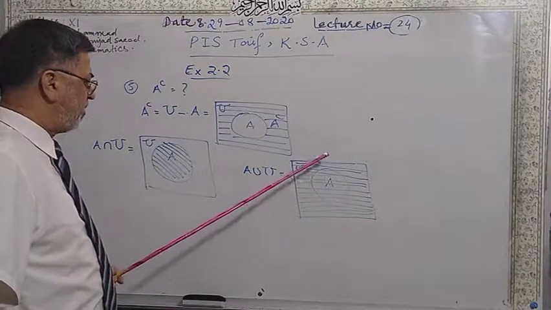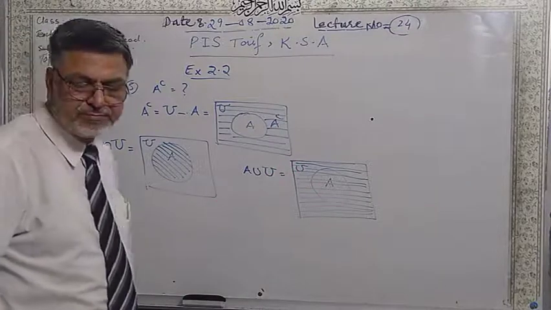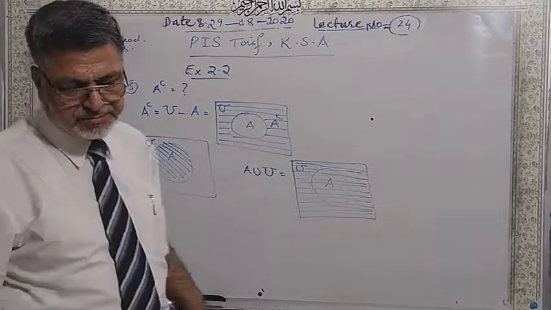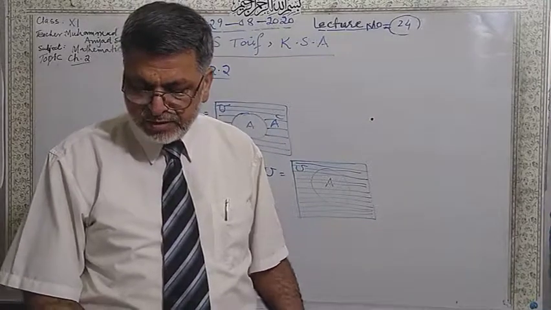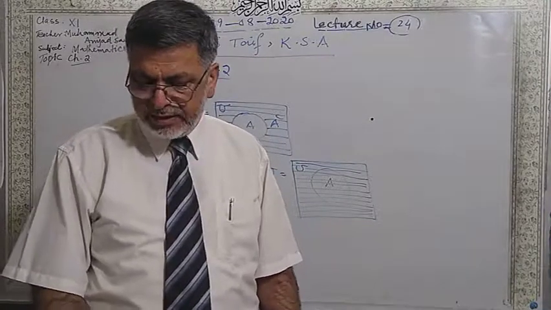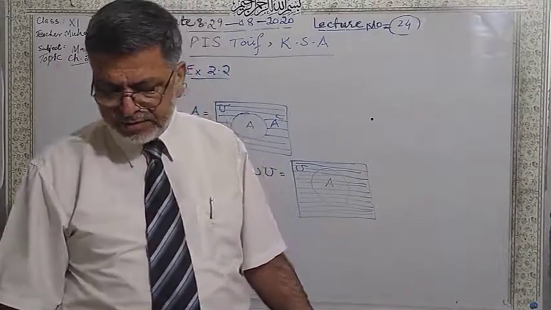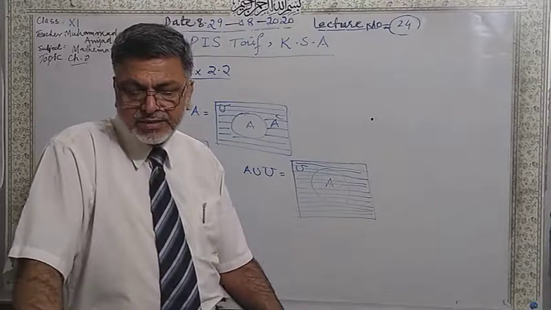All members of universal and A are included in the union. After that, A union empty set is again A, and phi intersection A is phi, the empty set.